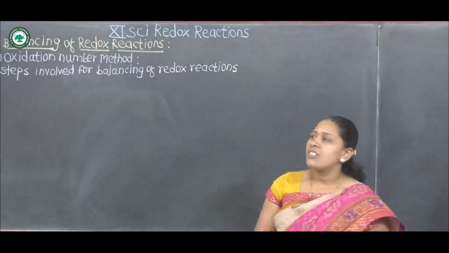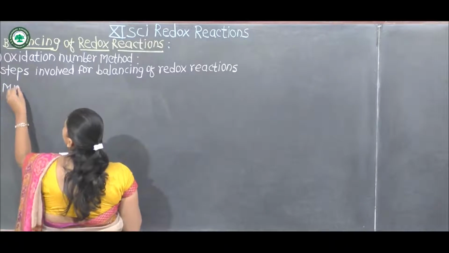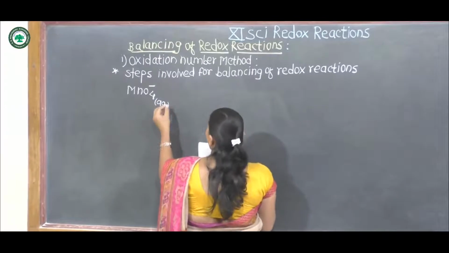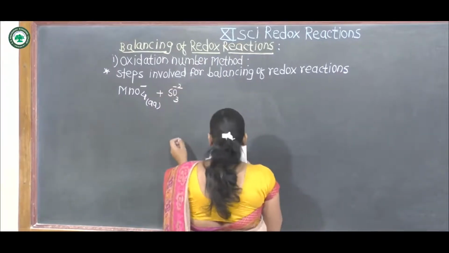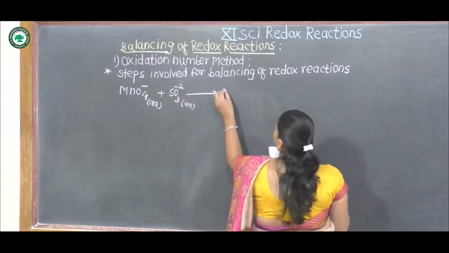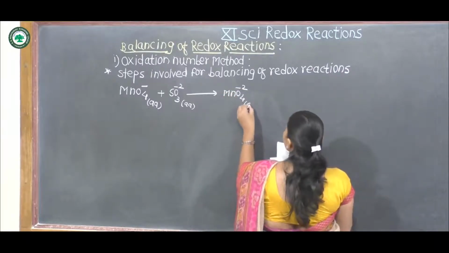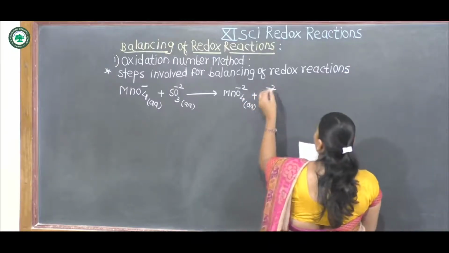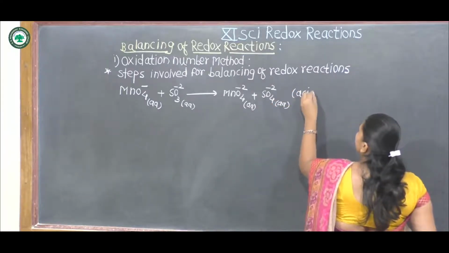I will write the reaction here: MnO4- in aqueous state plus SO3 2- in aqueous state gives MnO4 2- in aqueous state plus SO4 2- in aqueous state. This reaction occurs in acidic medium.